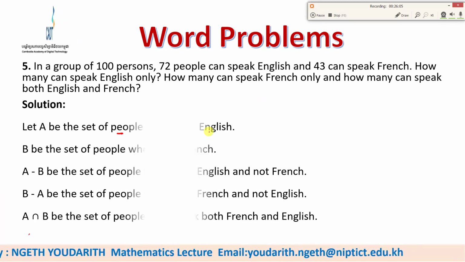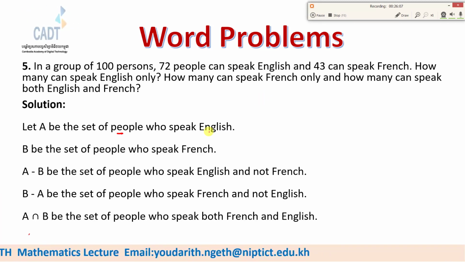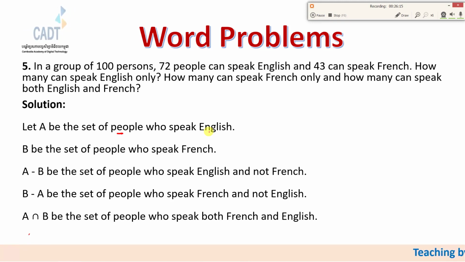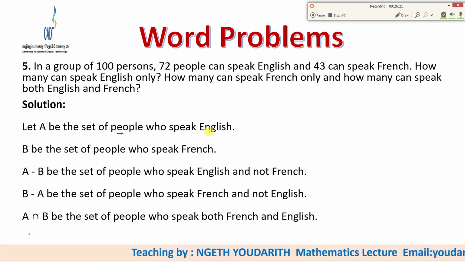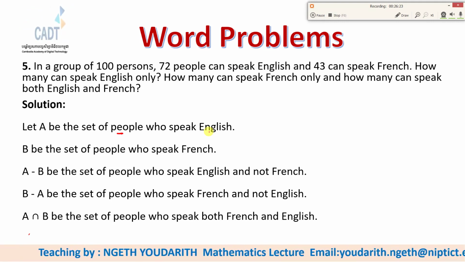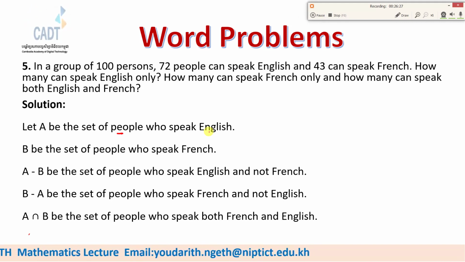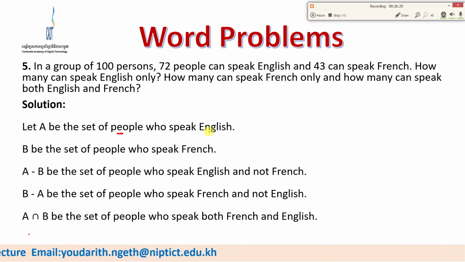So we got, let A be the set of people who speak English and B the set of people who speak French. A minus B means those who speak only English, not French. B minus A means those who speak only French, not English. And A intersection B, they speak both.